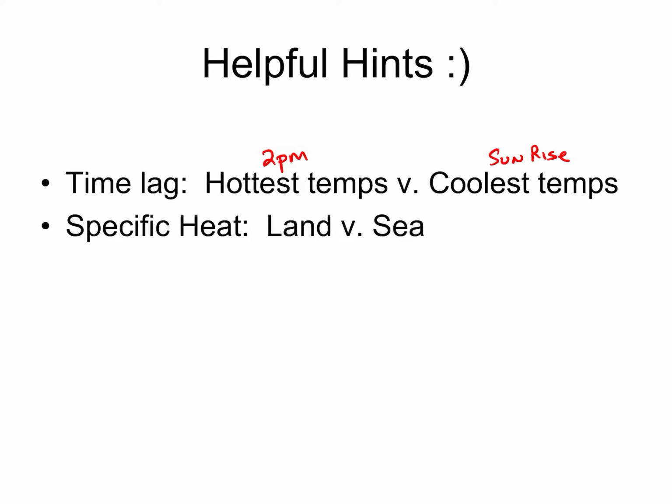Number two, specific heat. Remember what specific heat is. It's how long it takes for them to change their temperatures. And if you remember, water takes a long time to change its temperatures, whereas land is going to take a short time.